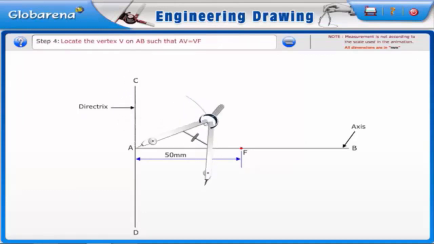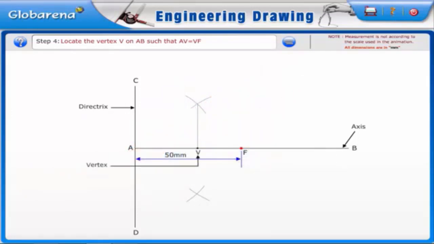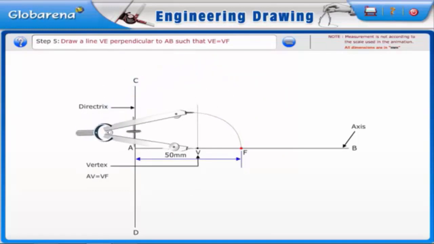Locate the vertex V on AB such that AV is equal to VF is equal to 25 millimeters. Draw a line VE perpendicular to AB such that VE is equal to VF is equal to 25 millimeters.